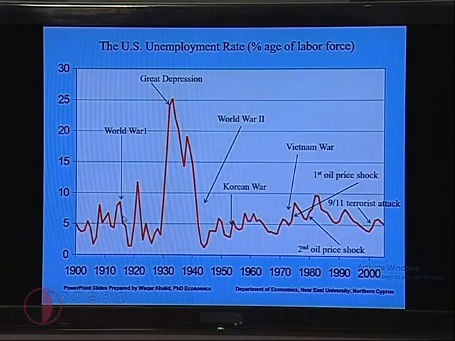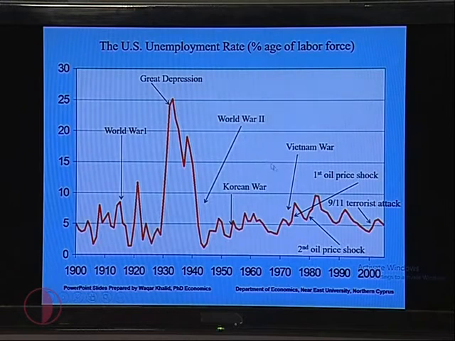Look at the First World War. From 1914 to 1918, we have more unemployment. But look at the Great Depression, we have the highest unemployment rate, at its peak, more than 25%.